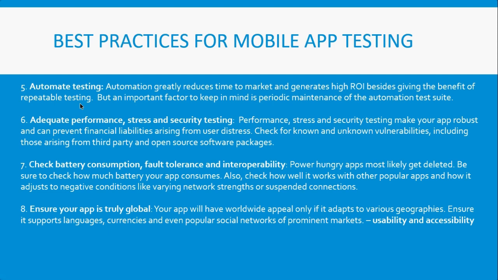Another thing to consider is performance testing, stress testing, and security testing, just to ensure that you have good coverage as well. You can test the performance of your application against, like we said earlier, different types of network connectivity. You can test it against different types of users. You can try to hack your application. So check for known and unknown vulnerabilities, including those arising from third-party and open source software packages.